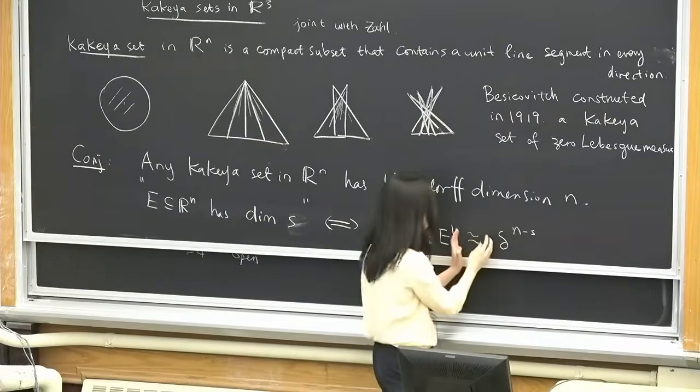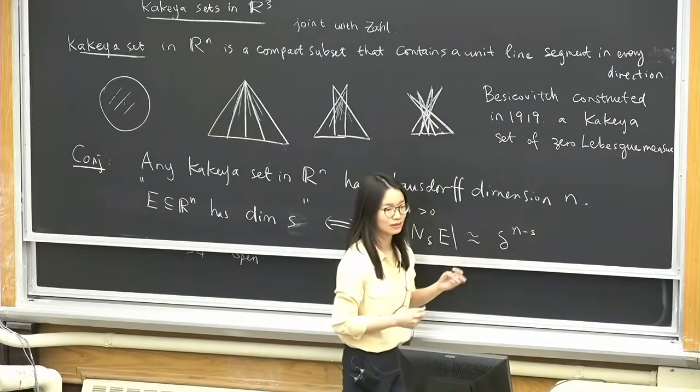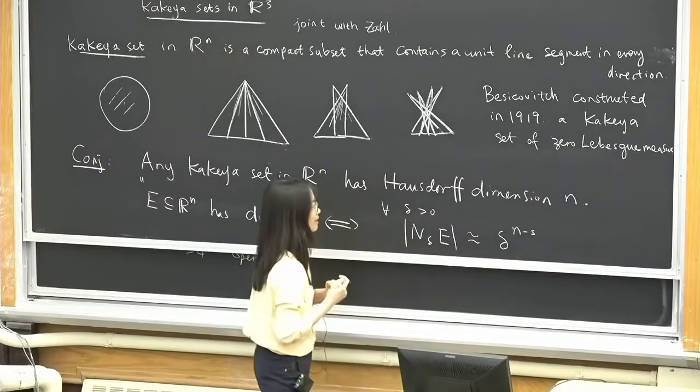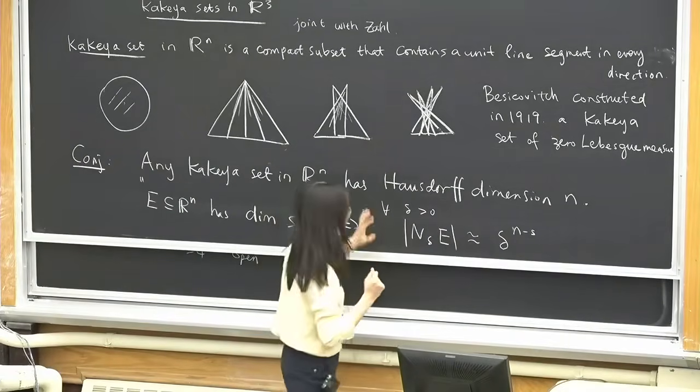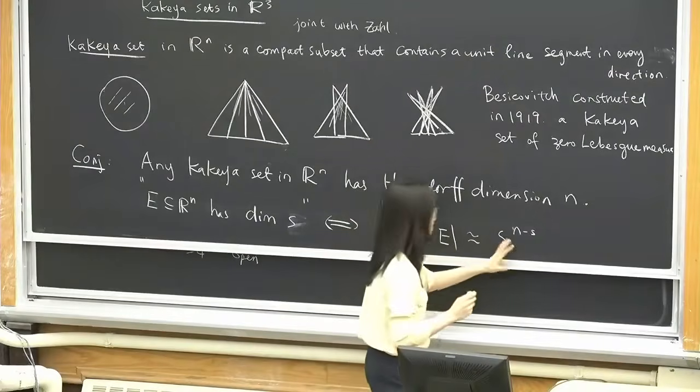Approximately means up to constant multiplication. But I guess with the spiky thing, if you measure 0 and you take a delta neighborhood of it? Yeah, that's a great question. So this is what I will specify in the end.